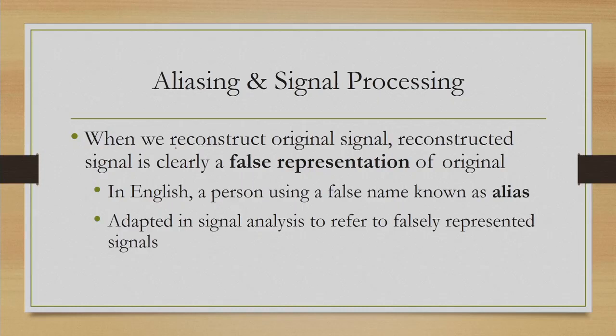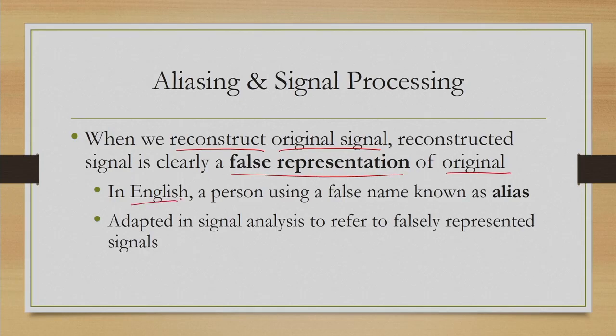In the first stage, we sample the pixel values, and in the second stage we reconstruct from those samples to get the rendered image. Since we are reconstructing the original signal from the sampled values, clearly it is not the exact signal and we are dealing with a false representation of the original signal.